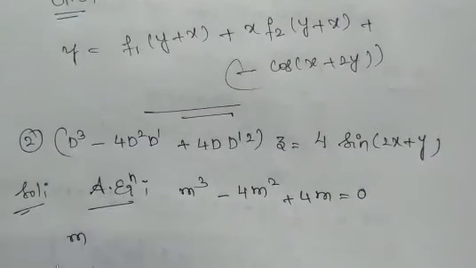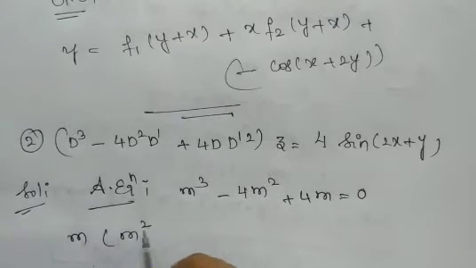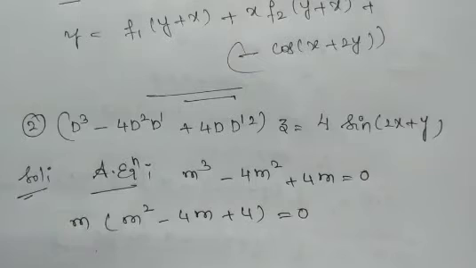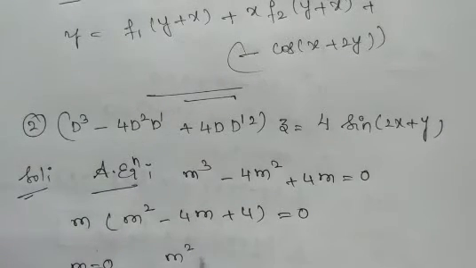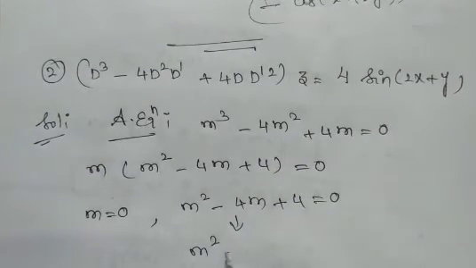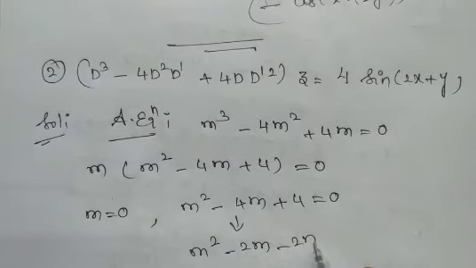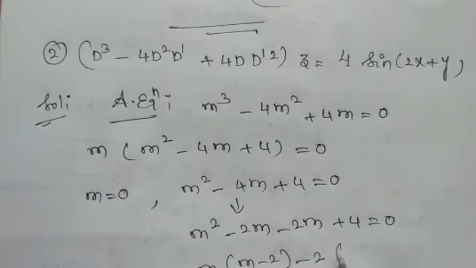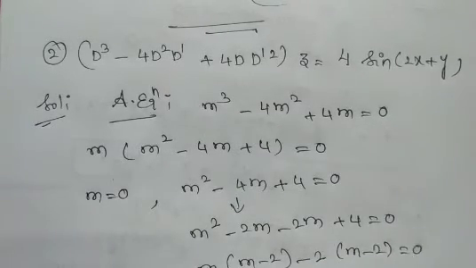So here I am taking m common, m square minus 4m plus 4 equal to 0. So here m equal to 0 is 1 root. So m square minus 4m plus 4 equal to 0. So coming to the roots, m into m minus 2 minus 2 into m minus 2 equal to 0.